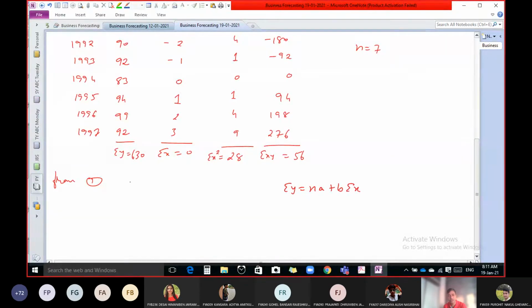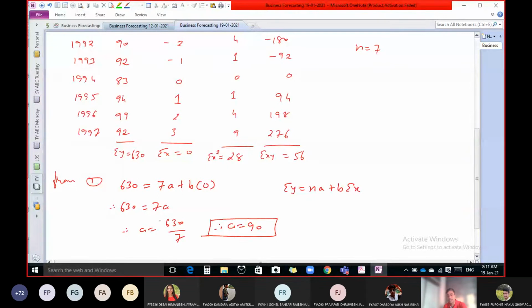So from equation 1 we get 630 equal to n, which is 7, so 7a plus b into sigma x, which is 0. So 0 into anything is 0, so we get directly 630 equal to 7a. So we get a equal to 630 divided by 7, so a equal to 90.